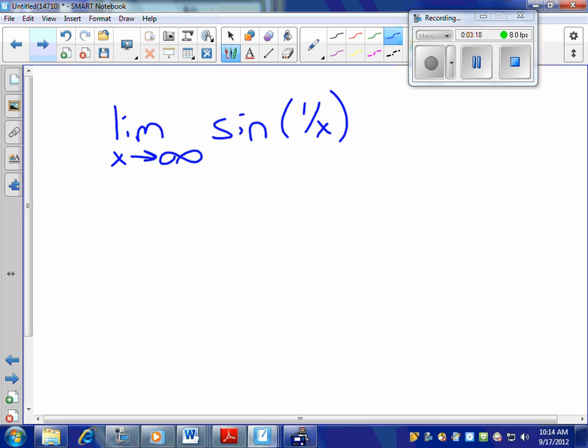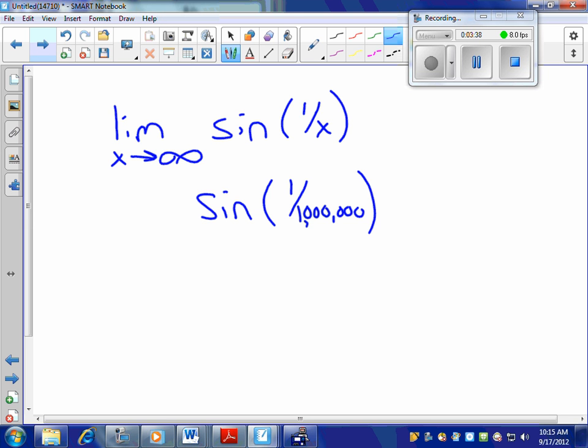For example, the sine of 1 over a million. So 1 millionth. That number is very close to what? 0. And what is the sine of 0? 0. Good, all you trig students. Sine of 0 is 0.